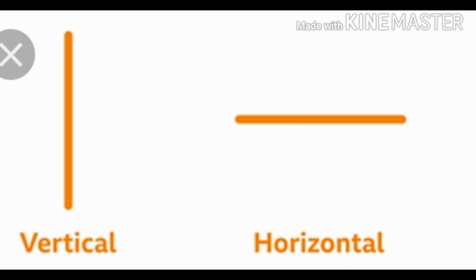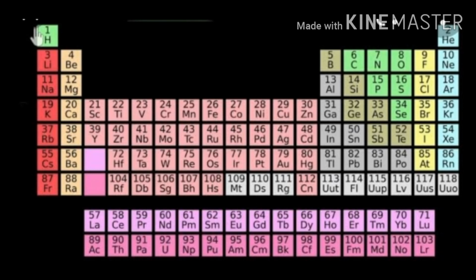These vertical columns are called groups and horizontal rows are called periods. According to the periodic table, there are 18 groups and 7 periods.